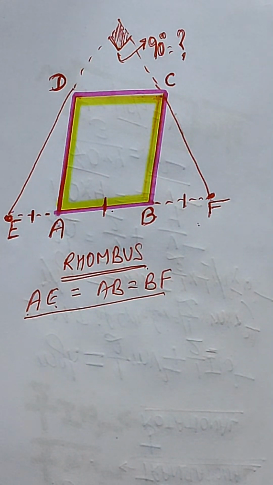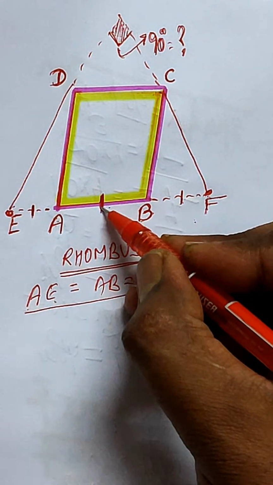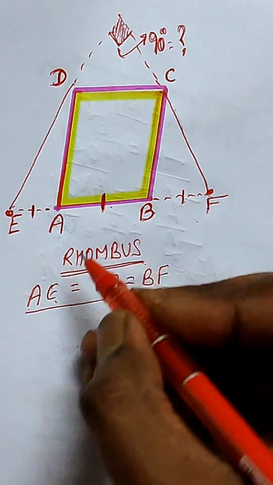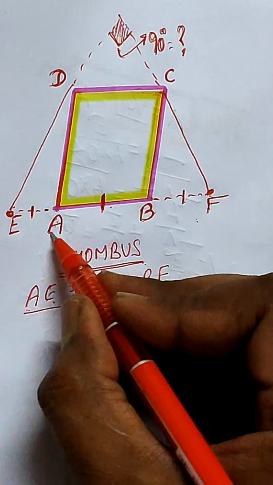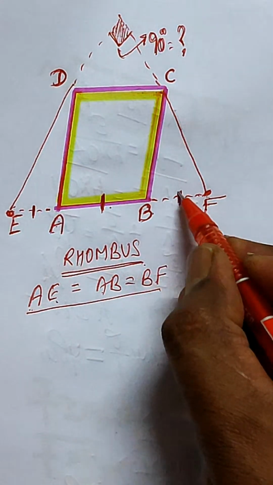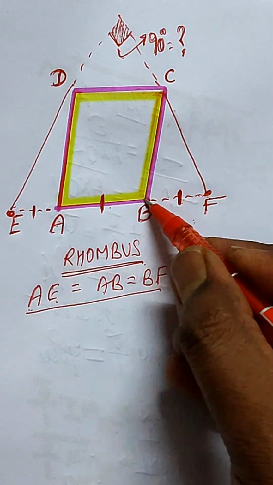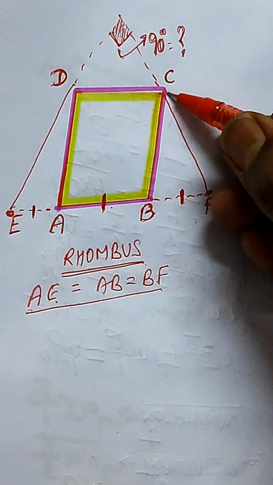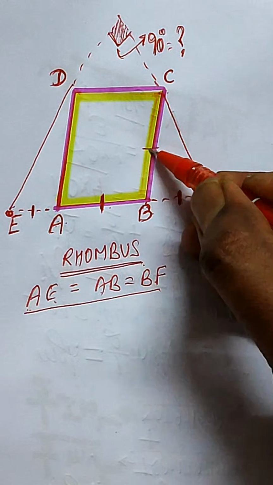You recall the property of a rhombus. So we can say that AB, and the condition given is that AE equal to AB equal to BF. So if you are considering A to F, then AB is equal to BF, right? And since AB is the side of a rhombus, BC is also the side of the rhombus. Then AB can be said as equal to BC.